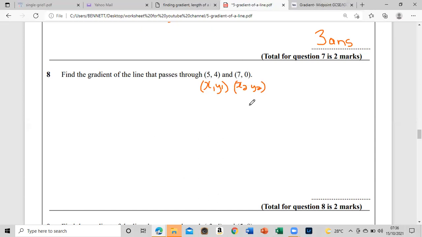All right, so we can start. Write the formula again. y2 was 0, so it's 0 minus 4, and then you have 7 minus 5.